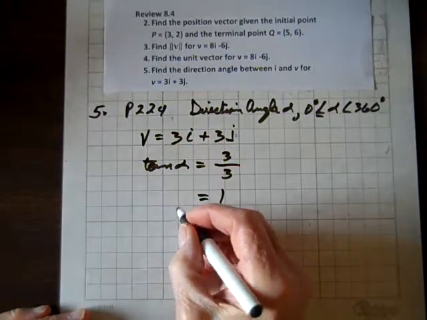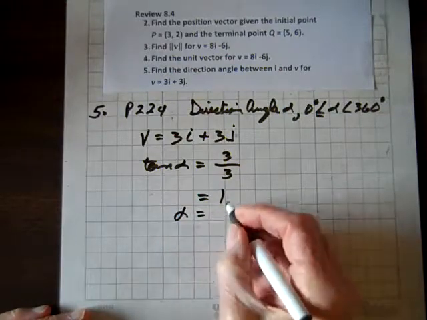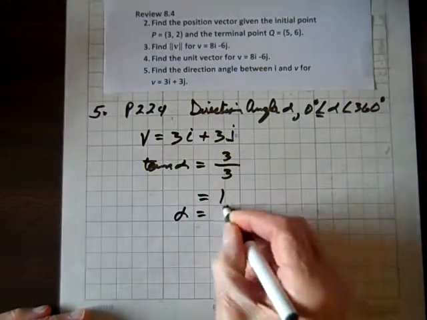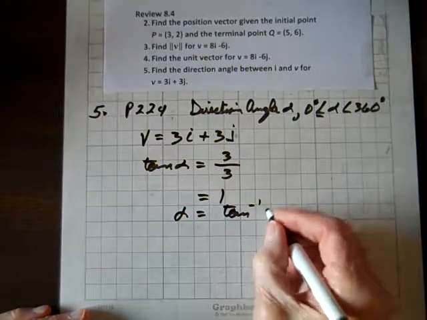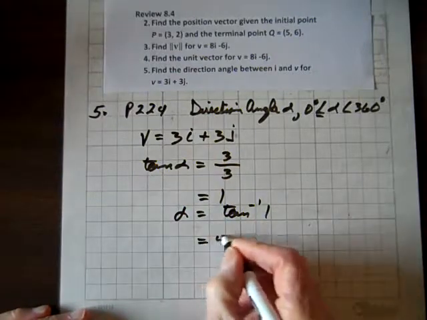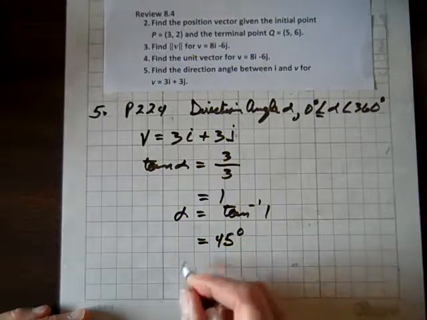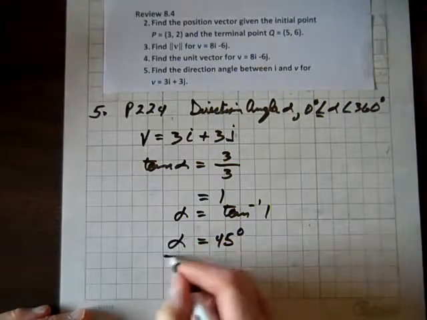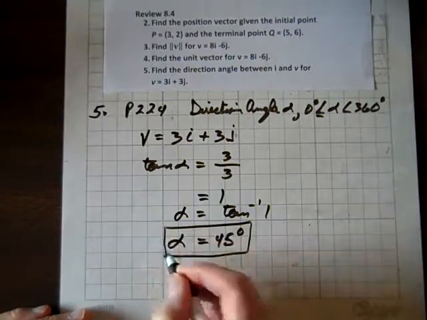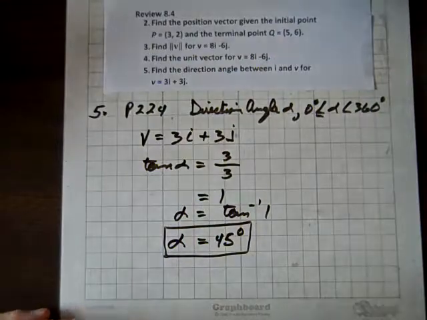And alpha then equals the inverse tan, we take the inverse tan of both sides, of 1, which is 45 degrees. So alpha equals 45 degrees, and we found the direction angle.